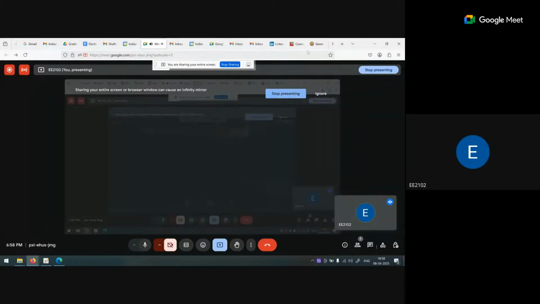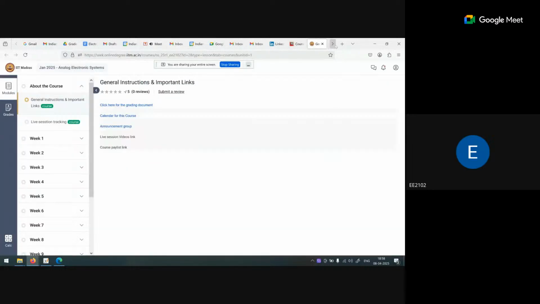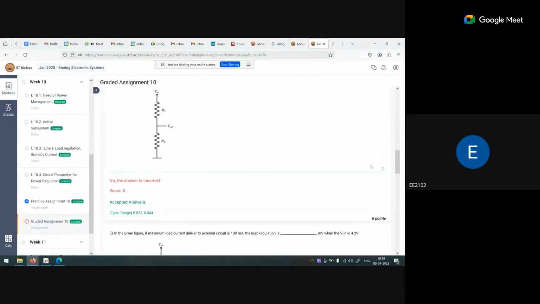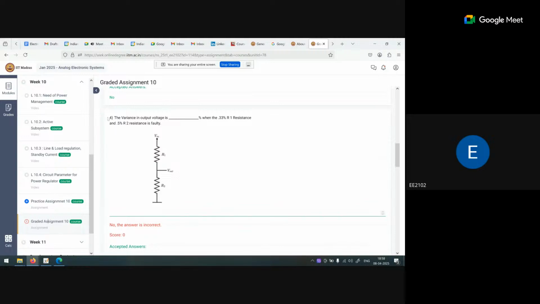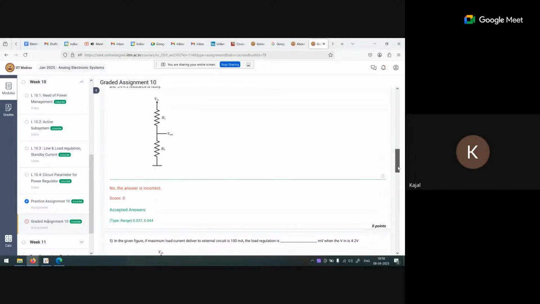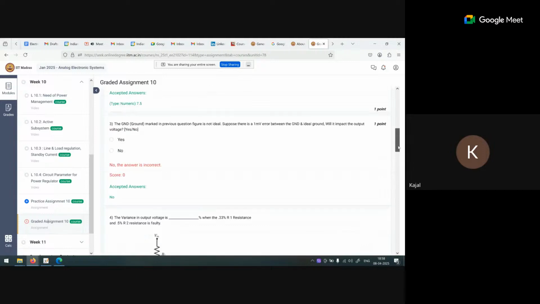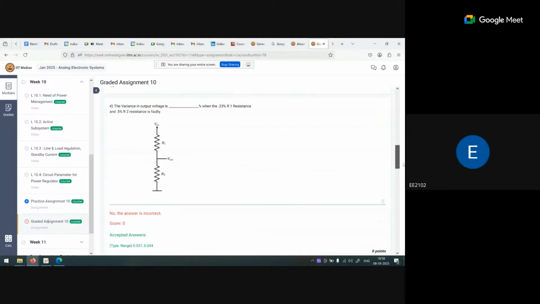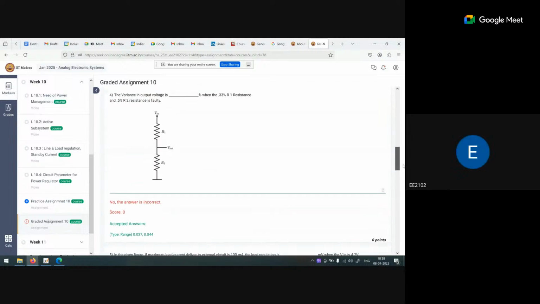Can I show my screen? Can you see this particular graded assignment question number 4? Yes sir, it shows 0 points. Actually no other question of mine was wrong and still I got 88 out of 100. Same for me. I will confirm whether they revalued this or not.